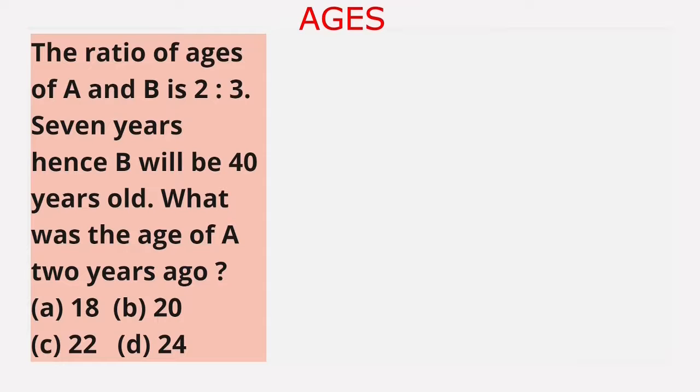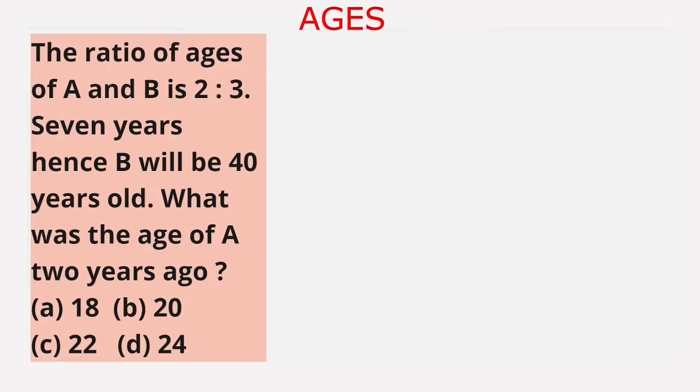And 11 times 2 is the age of A, which is 22. Now it is asked, what was the age of A 2 years ago? So we have to subtract 2 from 22 and we get 20. And from the given options, our answer will be option B, 20.